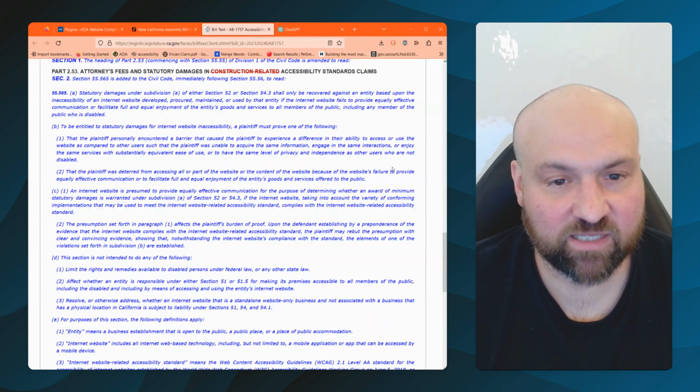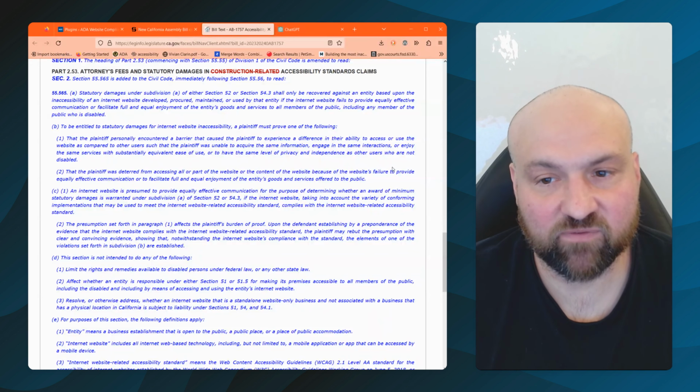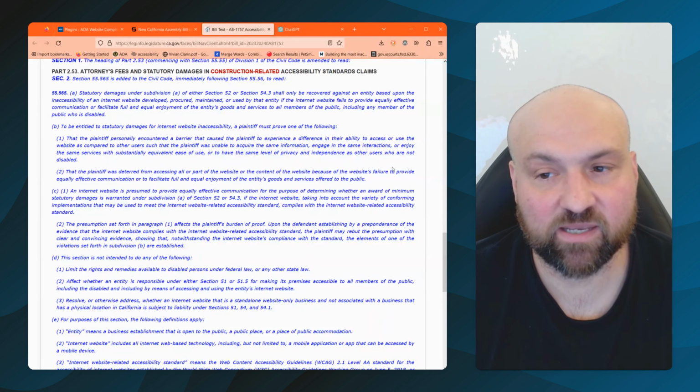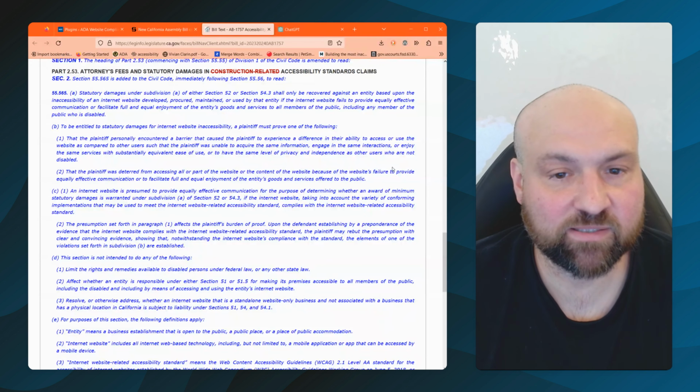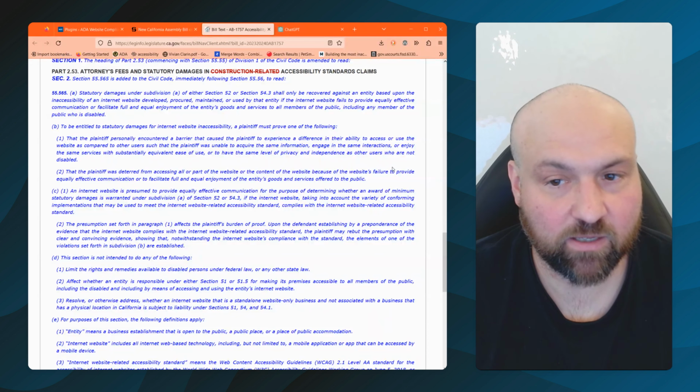That's going to be very difficult to defend against, because if we say a barrier that caused the plaintiff to experience a difference in their ability to access or use the website, that's really subjective, and it's going to be difficult to disprove that the plaintiff did not experience something.